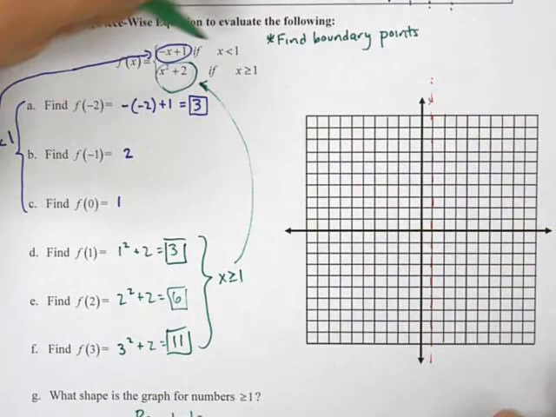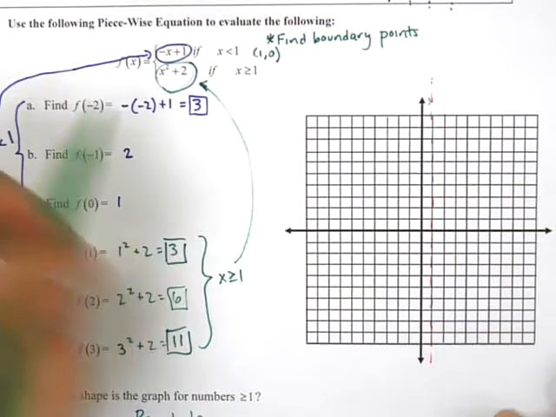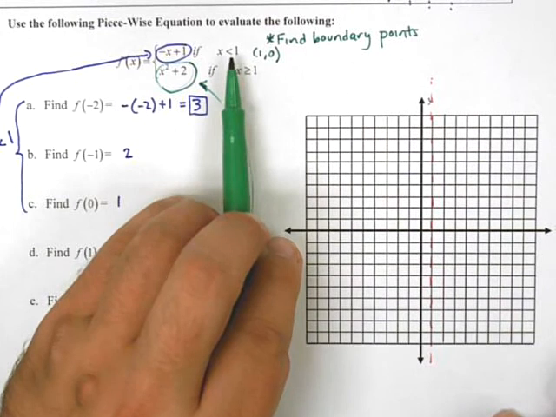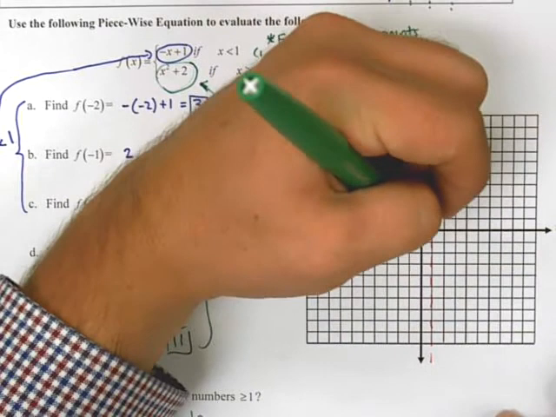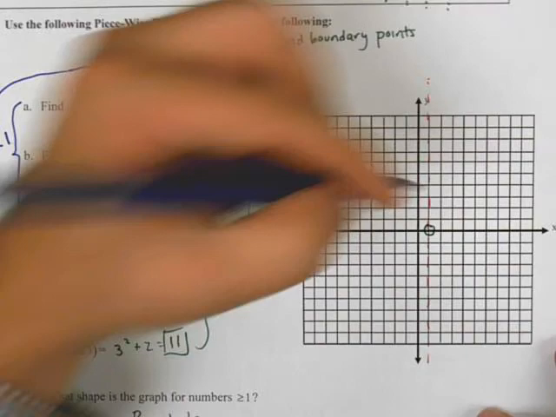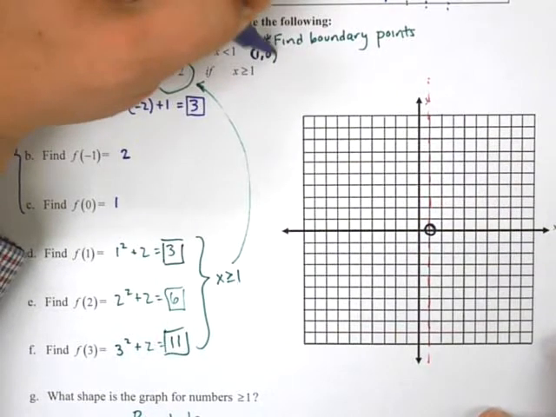So if I plug in 1 here, negative 1 is negative 1, plus 1 is 0. All right, so I have a point at 1 comma 0, but remember, because it cannot equal 1, it's not less than or equal to 1, I have to put an open circle there. And actually, you know what, guys? I'm going to stay consistent. I'm going to change that to blue, because that was my blue color.